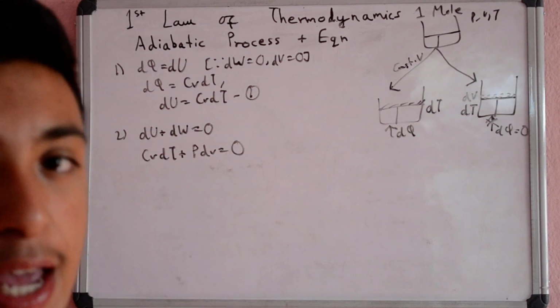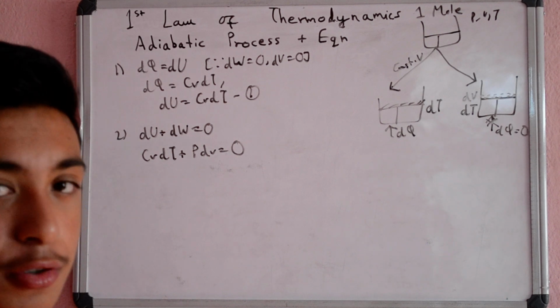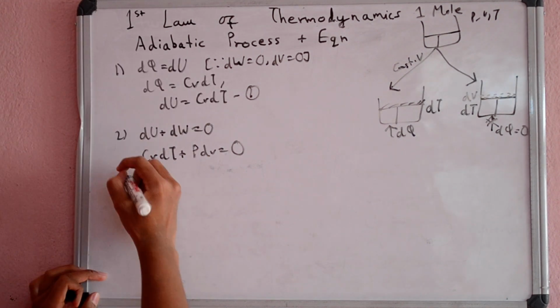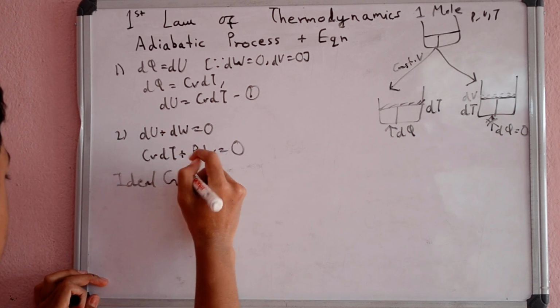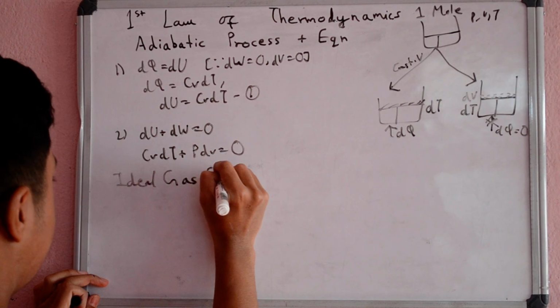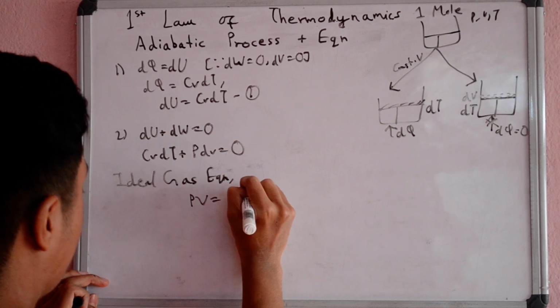Now, like in the Cp and Cv part, we need dT in terms of some other things. So we use the ideal gas equation, PV equals nRT. n is 1, so RT.